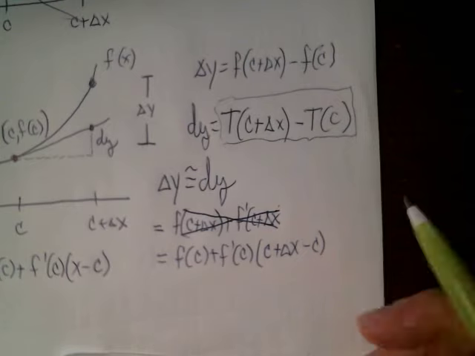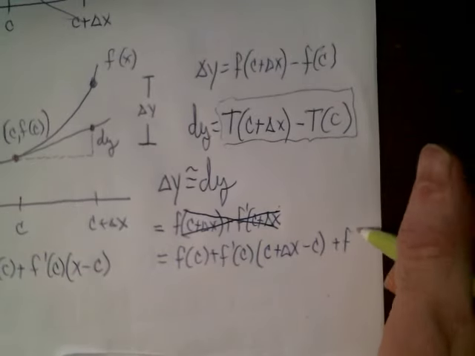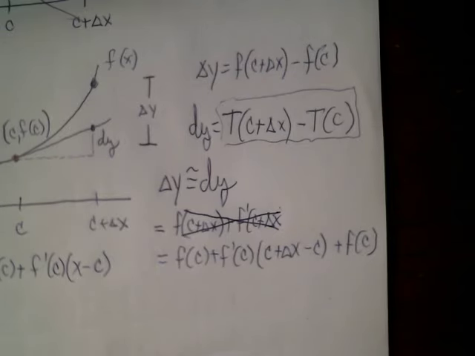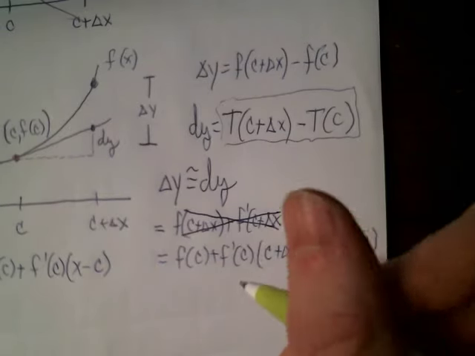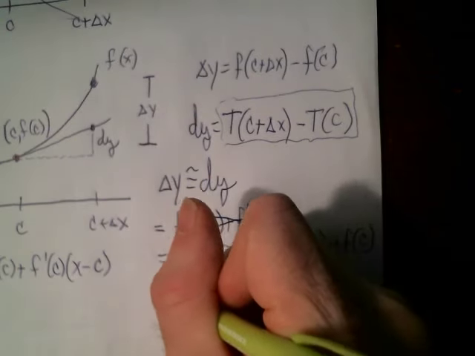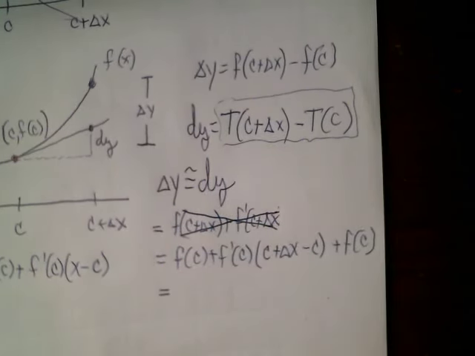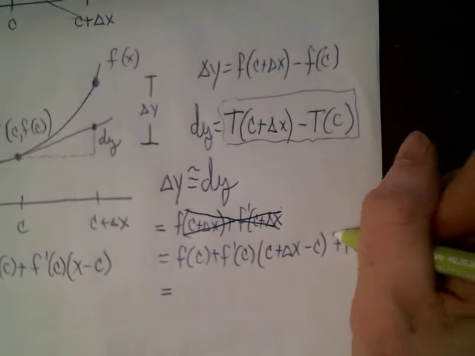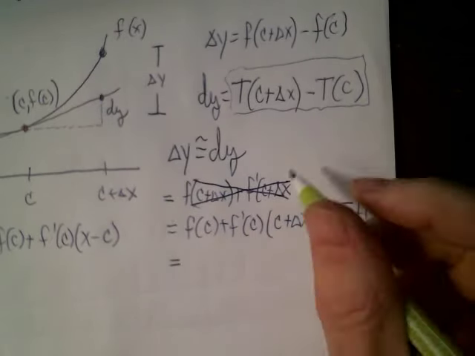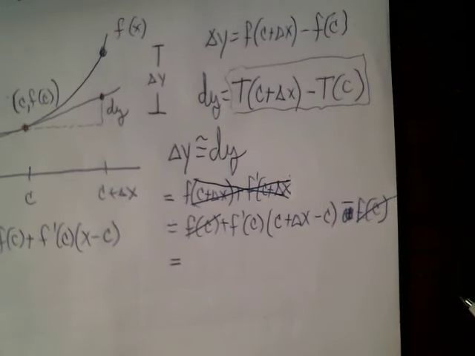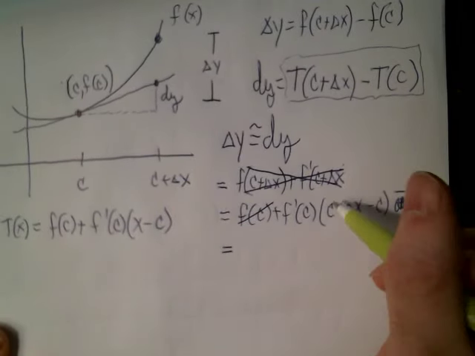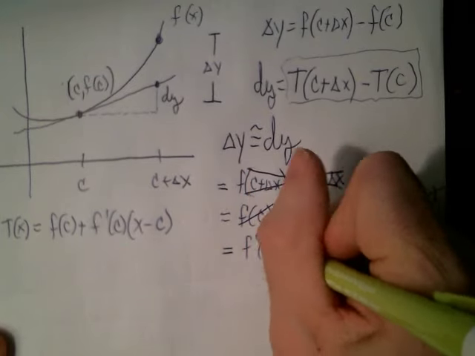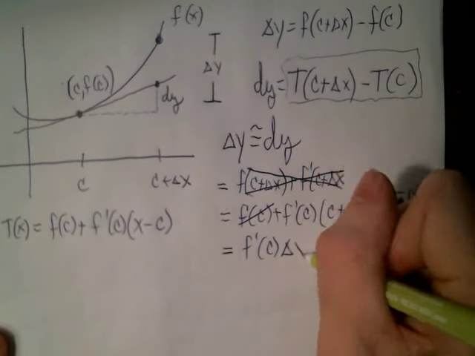You'll just have f of c. Sorry, minus f of c. So there's a minus sign here. So this and this are additive opposites. They'll go away. I'll just be left with this expression. C minus c is 0, so I'll just have f prime of c times change in x.